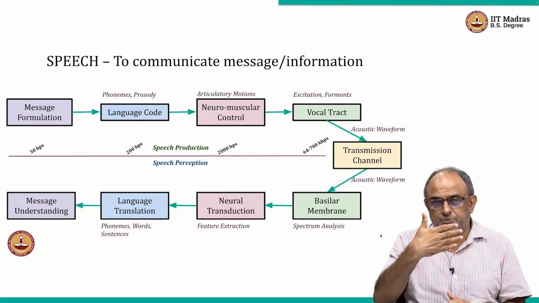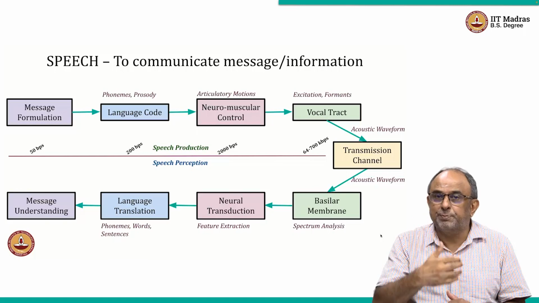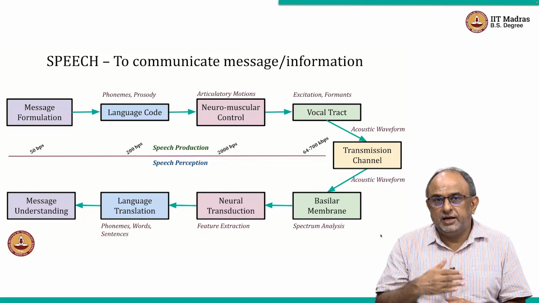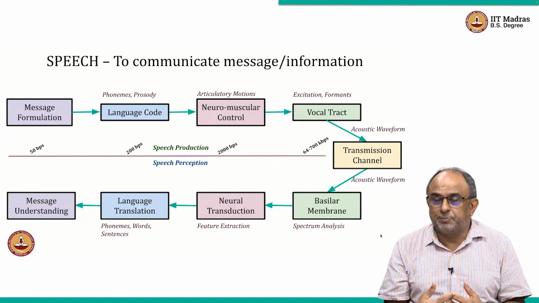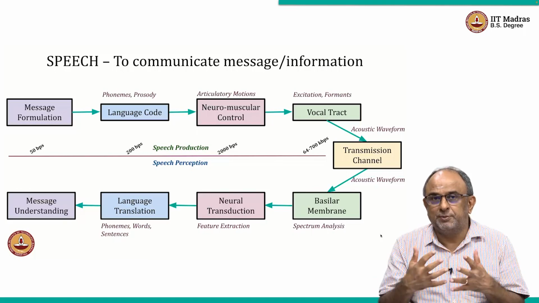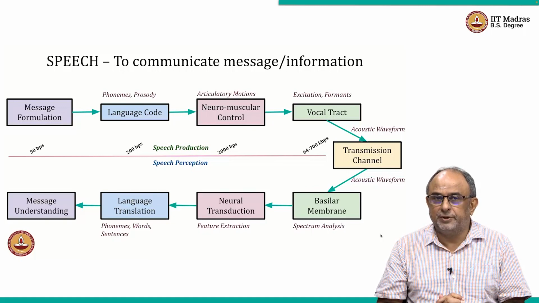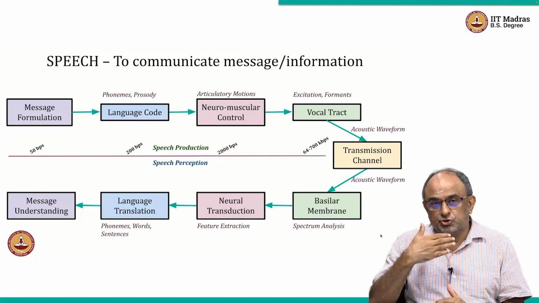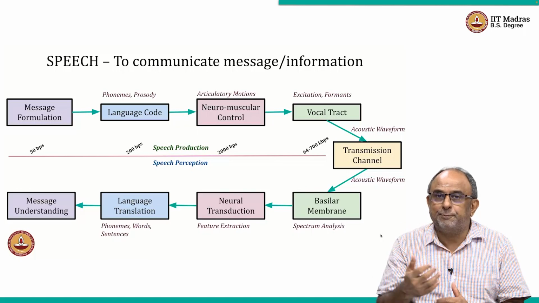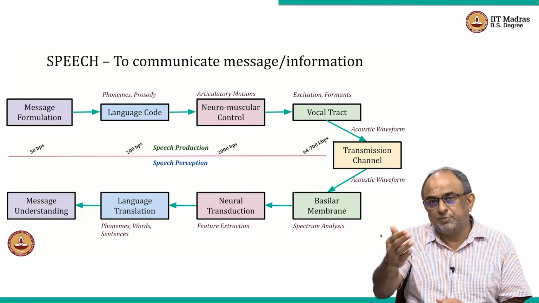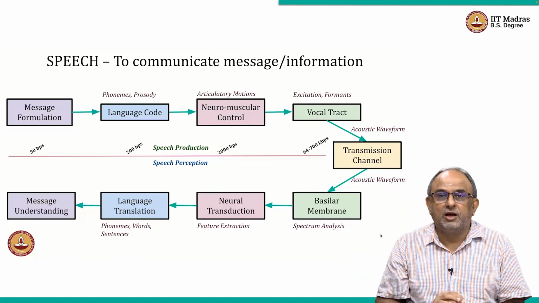Because speech is a sound signal, you have compressions and rarefactions. The primary purpose of communication is that I want to send a message or information to somebody else, so there has to be a receiver. If the person happens to be in the same room, this message will go and hit the ear.